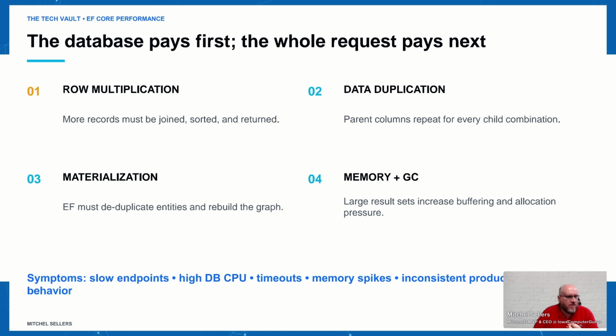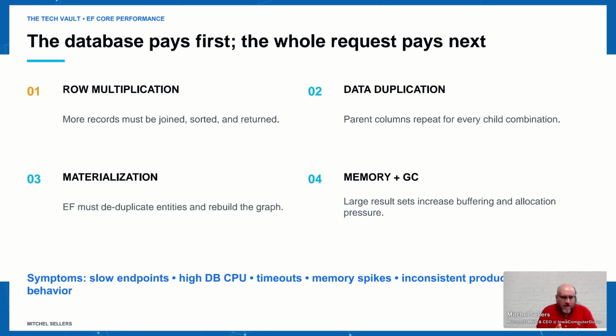So, what does this really look like and how does this work? Where might we see those performance penalties? We know that the rows multiply. Obviously, we also have data duplication because we're bringing back rows that have a lot of extra pieces. Because of that, Entity Framework has to dedupe the results that come back and rebuild the graph and overall data, because we didn't ask for multiple records; we wanted that more simple result set.